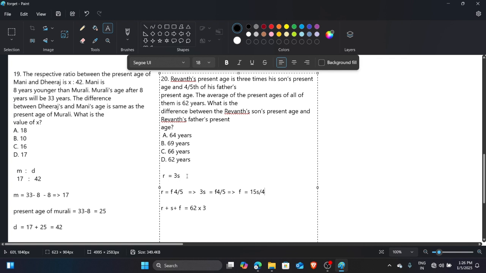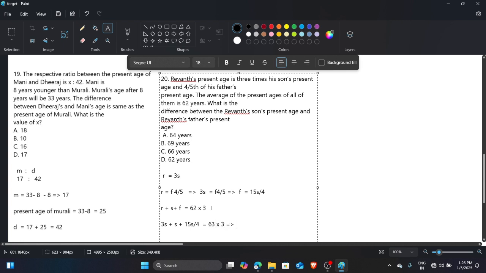Okay. So we get the value of f in terms of s, and we get the value of r in terms of s. So here, the value of r is 3s plus s plus 15s by 4, which is nothing but 62 into 3.